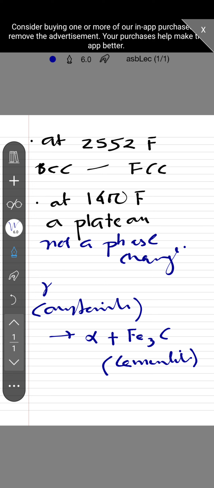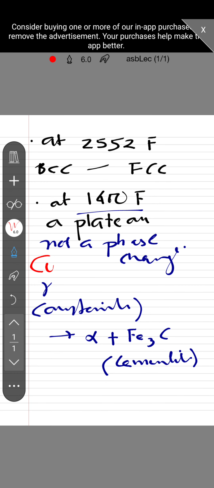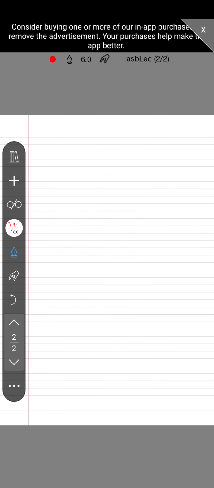This temperature is called the Curie temperature. So at this Curie temperature, there are some important changes taking place.